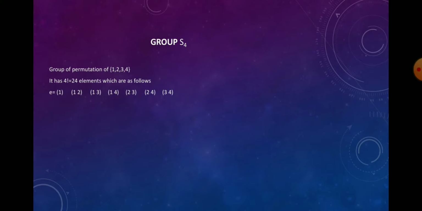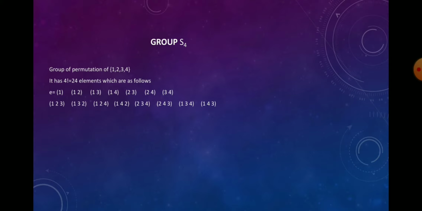The first element is the identity. Then we have 6 2-cycles inside the group S4. Next we will see the 3-cycles. In the group S4, we have 8 3-cycles.